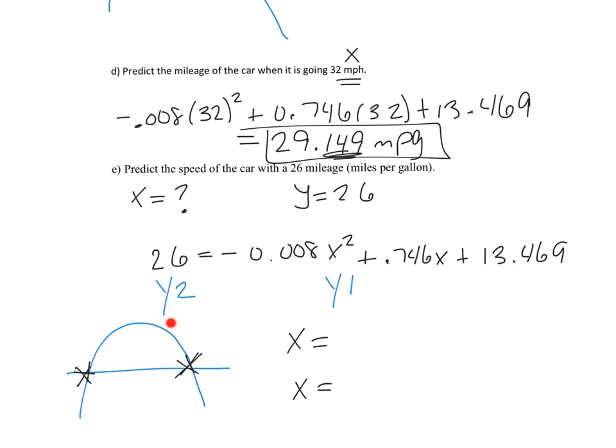So the first one, you're going to bring your blinky dot to the first intersection and then just press enter 3 times, and you will get an x value of 21.977 miles per hour. Then to get your next intersection, you'll go to second trace again, press intersect, bring that blinky dot now to the right intersection, press enter 3 times again, and you'll get your final answer of 71.273 miles per hour.